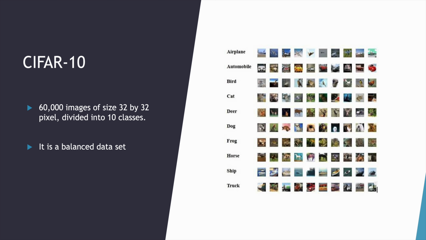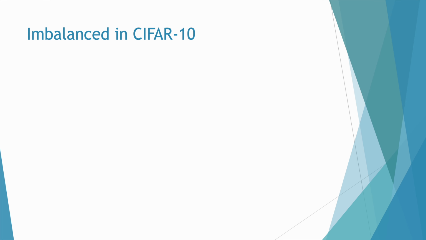The official CIFAR10 dataset is balanced and is split into two parts, training and testing, with 50,000 images for training and 10,000 for testing. For my experiment, I have modified the training dataset to create different imbalanced datasets for CIFAR10. The test set is untouched and balanced.